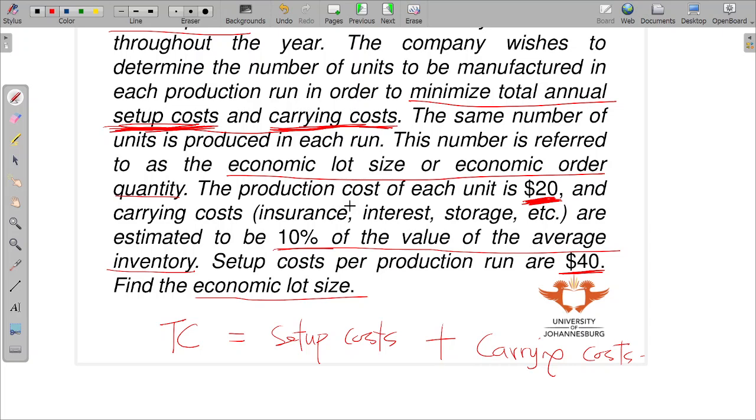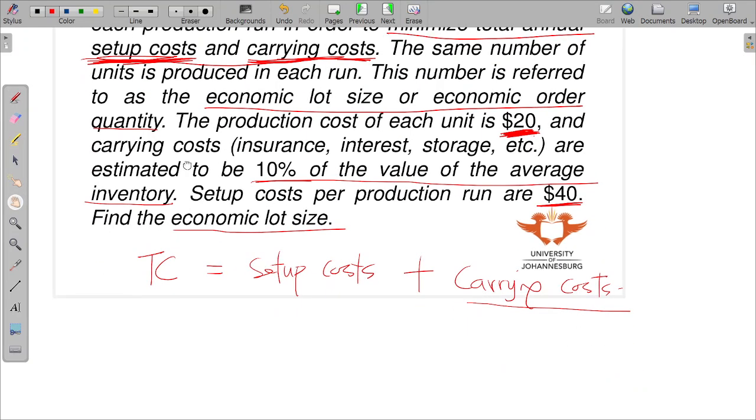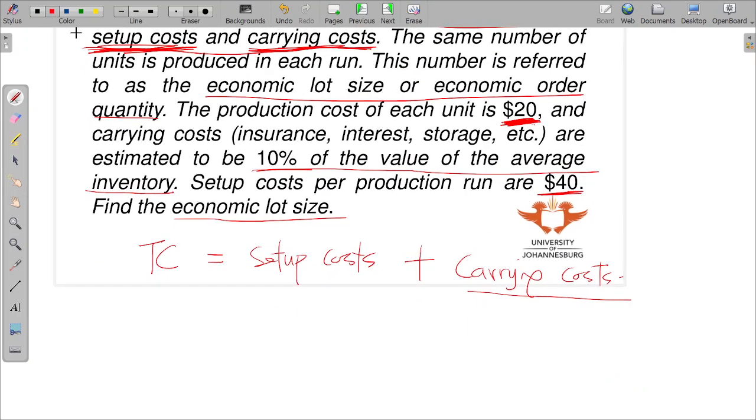Now, the production cost of each unit is 20, and carrying costs are estimated to be 10% of the value of the average inventory. So let's deal with this one. It gives us 10% of the average inventory, that is, let's say Q over 2.